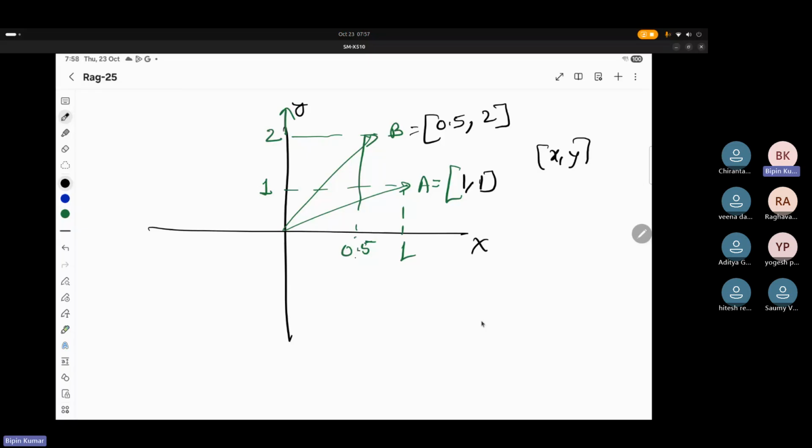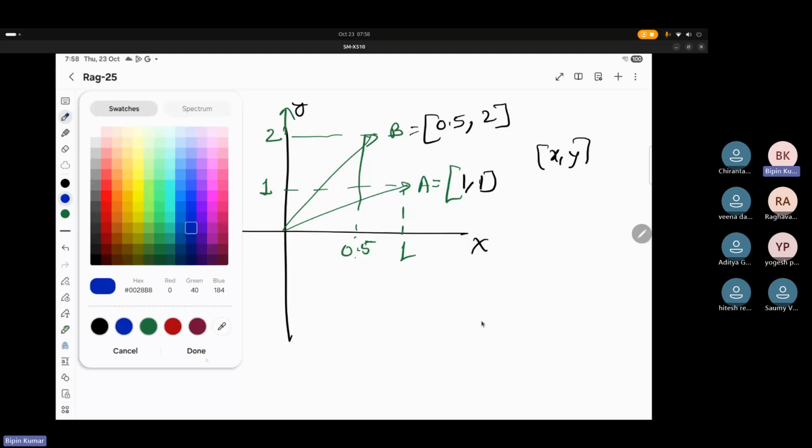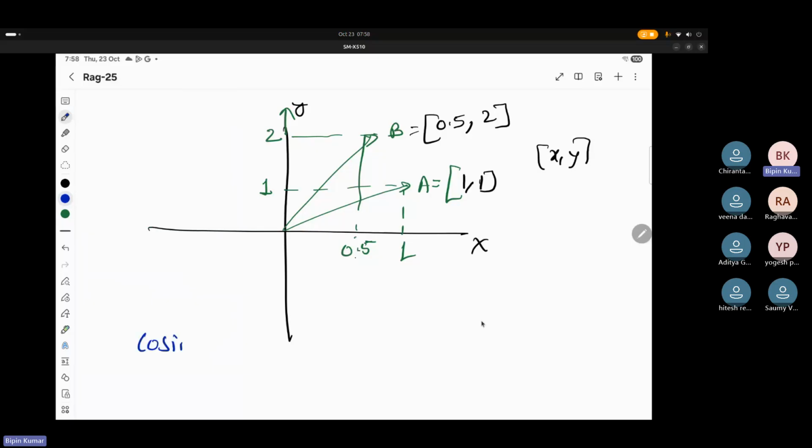Let's say I have to find the distance or similarity. So what is the mathematical expression to find the similarity or distance? There are different algorithms to find the similarity. One is very famous, which is called cosine similarity.